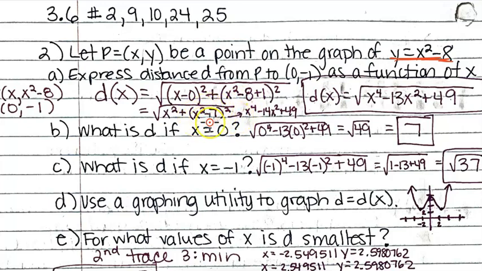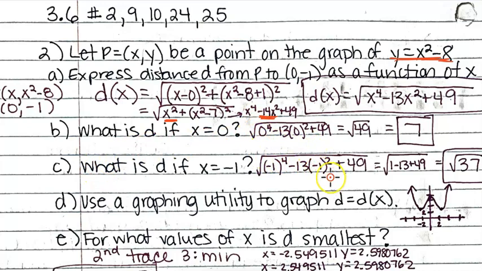When I FOIL this out, x squared minus 7 times x squared minus 7, I get these, and then I still have this x squared over here that's a like term with the negative 14x squared for a total of negative 13x squared. So here's my formula once I've simplified. Both part B and part C are just a plug and chug.